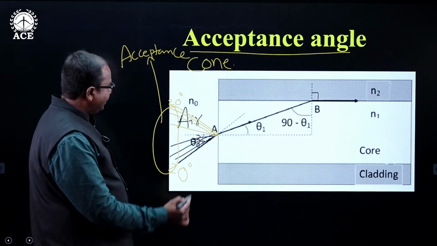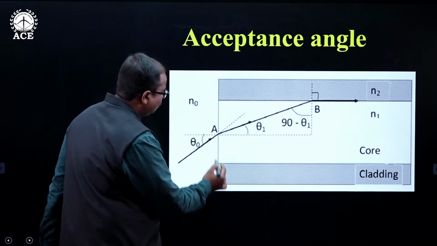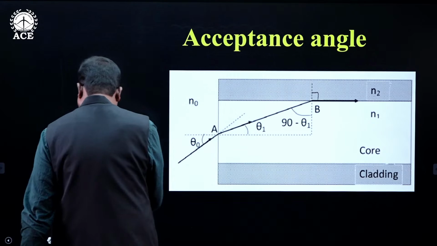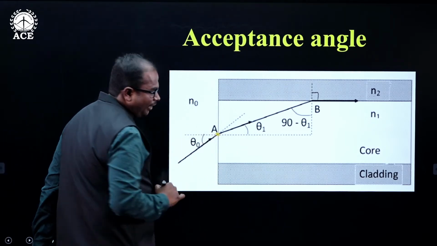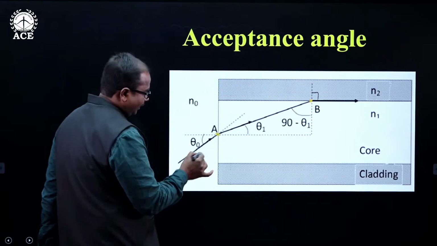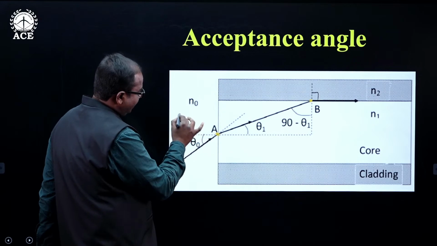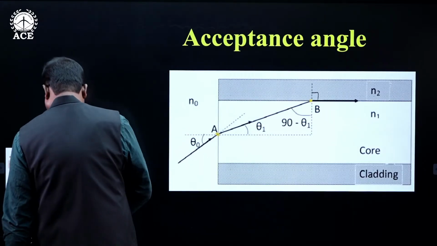Now you can observe, two points are there: point A and point B here. Your light ray is launched from which medium? Air medium.